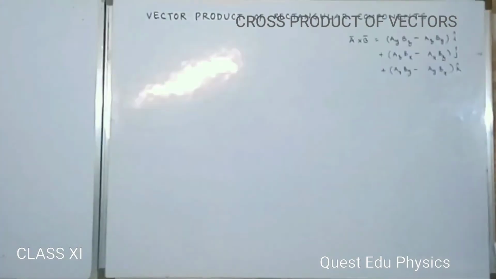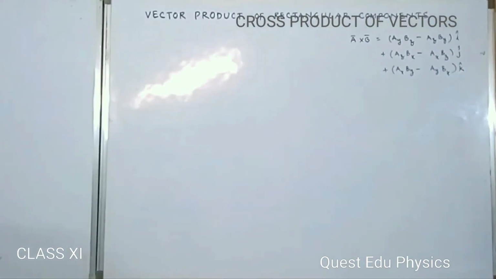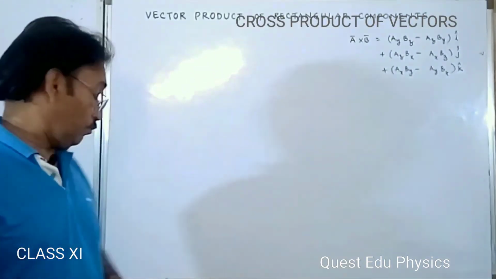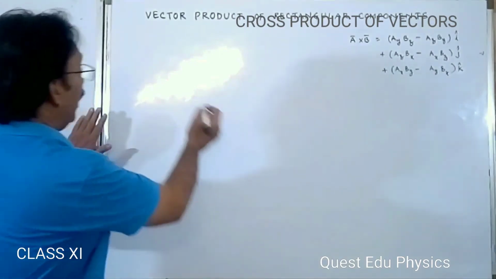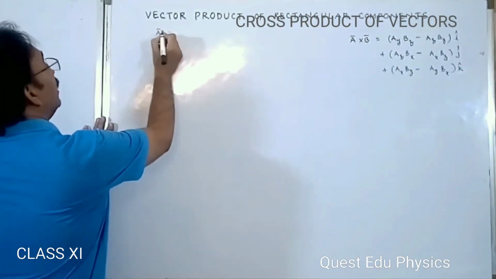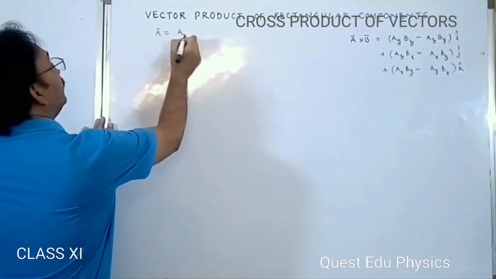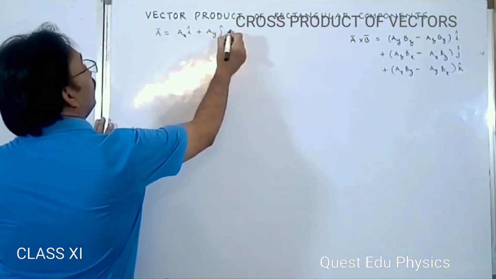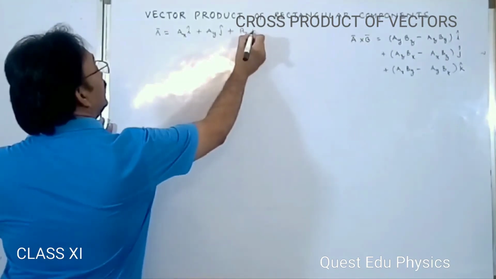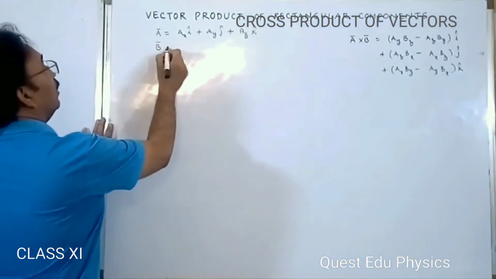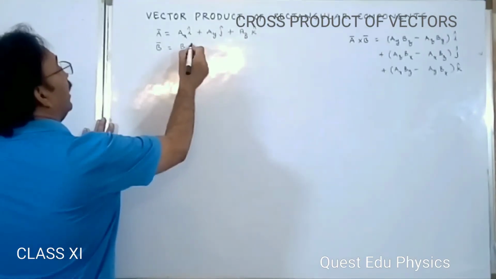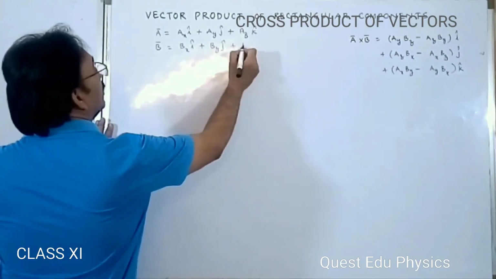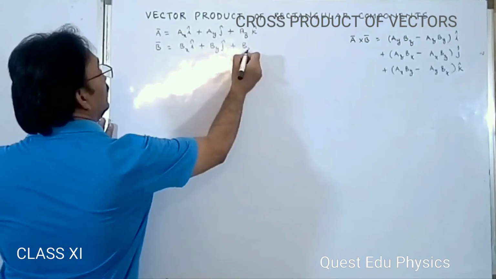Students, now we are going to do the determinant method. As you know, the vectors are taken as A bar is equal to AX I cap plus AY J cap plus AZ K cap, and B bar is equal to BX I cap plus BY J cap plus BZ K cap.